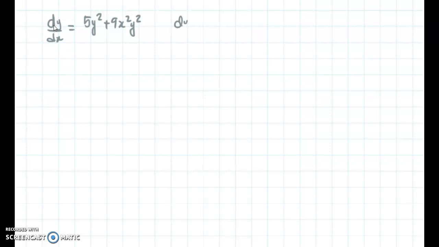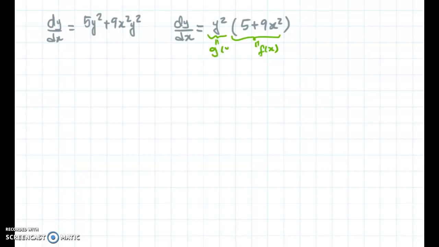So I'm going to write the right-hand side taking y squared as common factor. So we have 5 plus 9x squared multiplying it. So then with my notation from before, this will be my function f of x, and the y squared will be my function g of y.